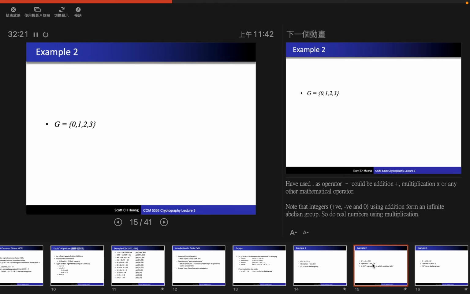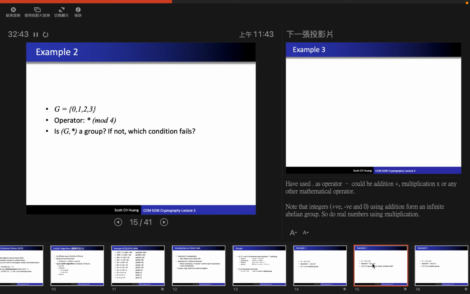Let's take a look at another. G is 0, 1, 2, 3, and the operator is multiplication mod 4. Is G, along with such multiplication, a group? Is this a group?